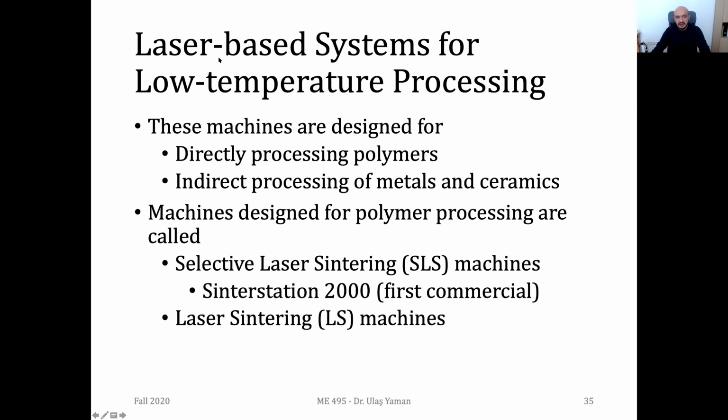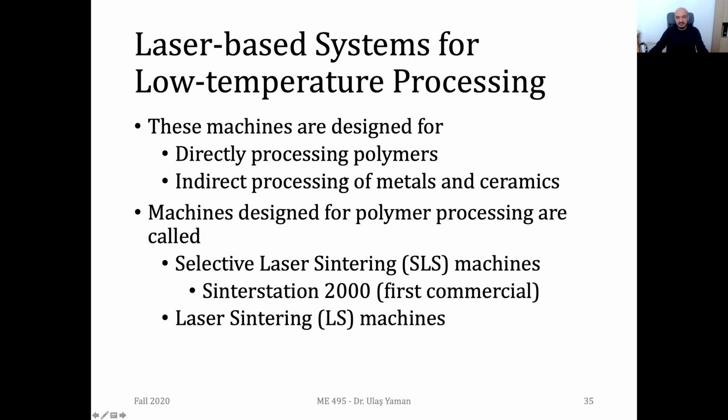If you, for instance, make use of lasers for low temperature processing, they are mostly designed for polymers. Since the melting point temperature of polymers is not high, you can make use of low powered lasers and do your sintering or fusion process.